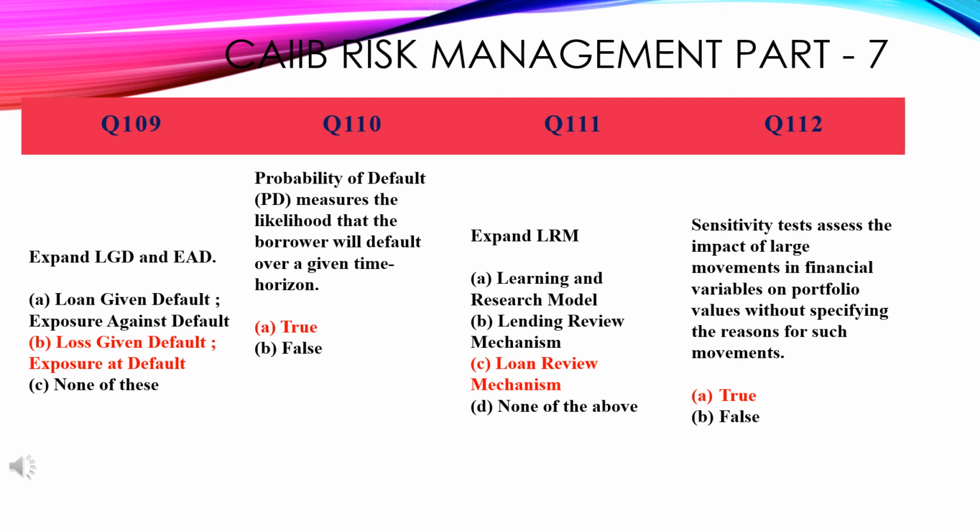PD is a number ranging between 0 and 1. 0 indicates there is no chance of default and 1 indicates that the borrower is certain to default. So the closer the value is to 1, the higher the chances of default.